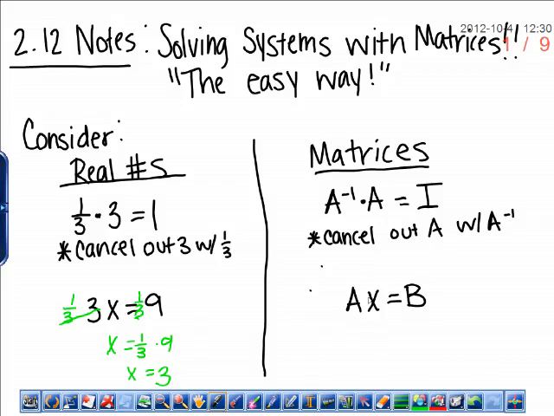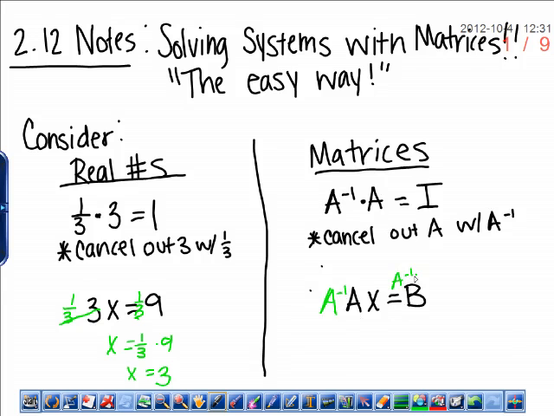All right, so let's look at this equation. Matrix A times matrix X gives us matrix B, but I want to solve for matrix X. What I could do is cancel out A by multiplying both sides by A inverse.